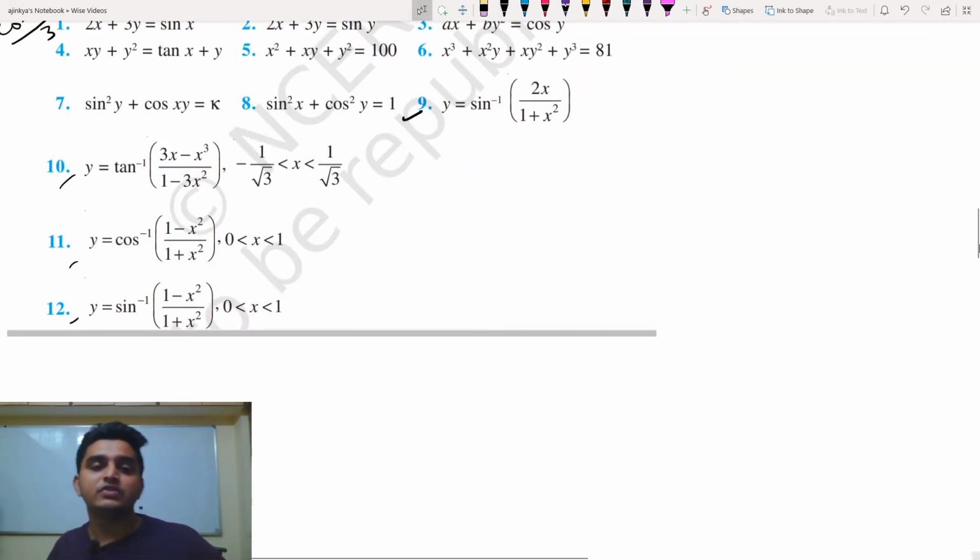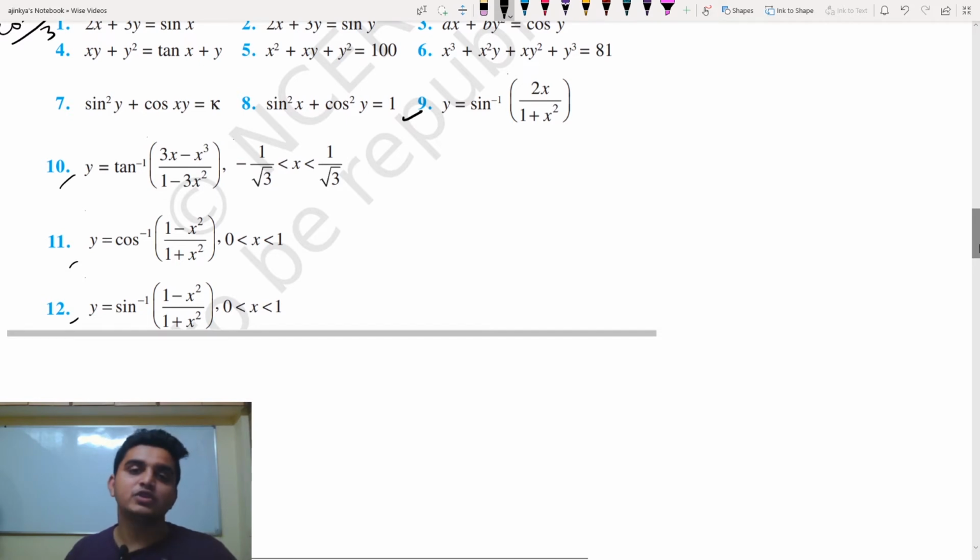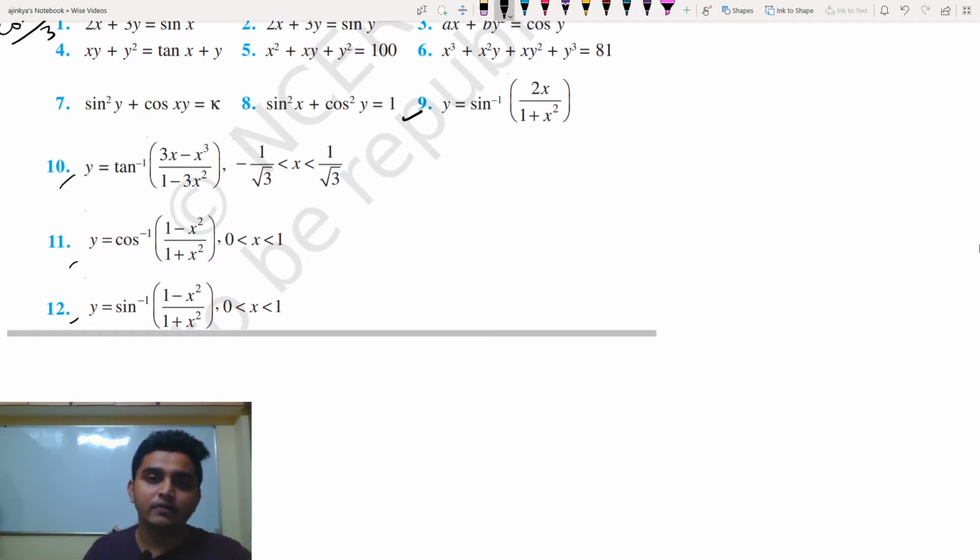So since we have not solved any of the inverse trigonometric functions directly, like we don't have enough data regarding the solutions of the inverse trigonometric functions, I'm going to tell you that for solving inverse trigonometric functions at the level of board exams or rather CBSE, you are going to necessarily have a thorough knowledge of multiple angle formulas, and we can see it directly from the question number 9.